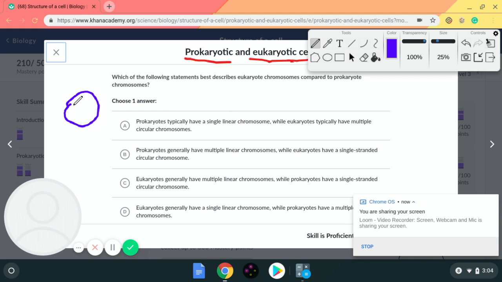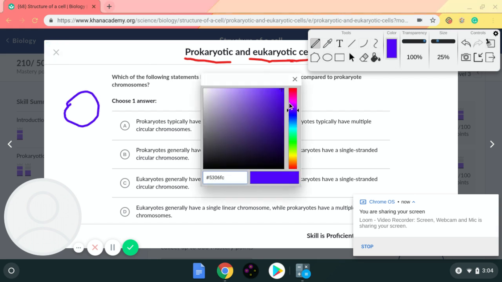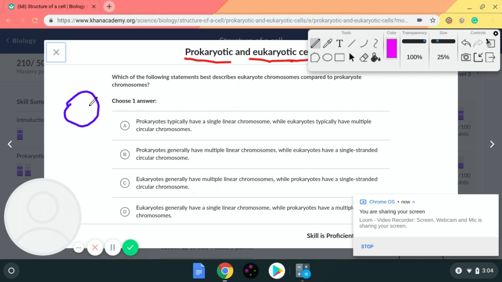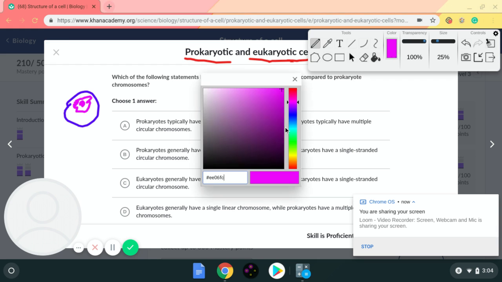Eukaryotic cells, what makes them different from prokaryotic cells, are that they have a nucleus, a membrane-bound nucleus more specifically. Which means that they're going to have something like this. Now note that I'm not a cell expert, so if the shape of the membrane is wrong, my bad. They also have many things suspended in a membrane as well.